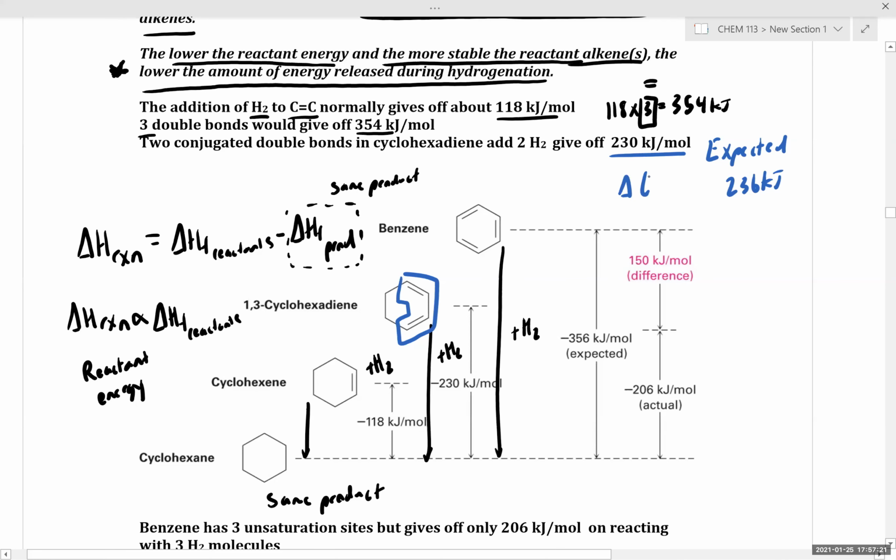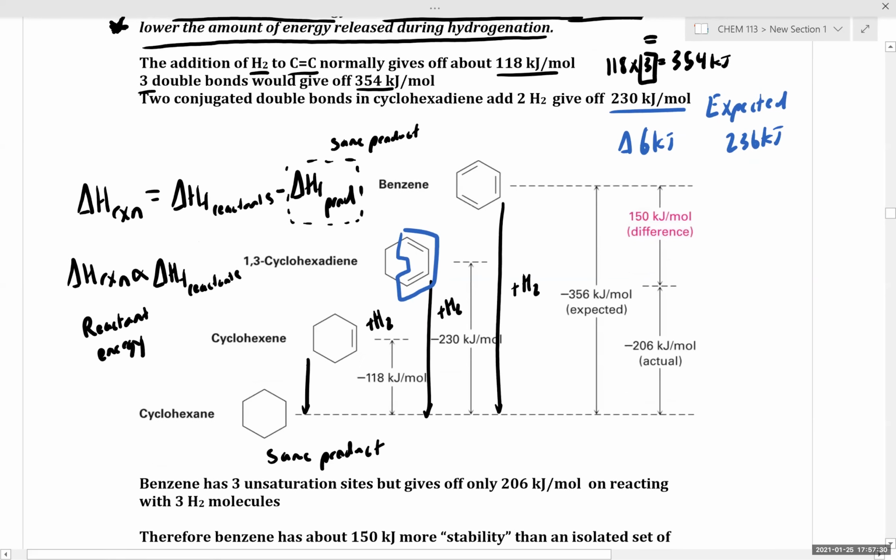So we have a difference of 6 kilojoules. Now, what is this difference telling us? Well, this tells us that cyclohexadiene is more stable than just a set of isolated alkenes. Conjugated systems are lower in energy. And we see that based on the lower than expected heat of hydrogenation.